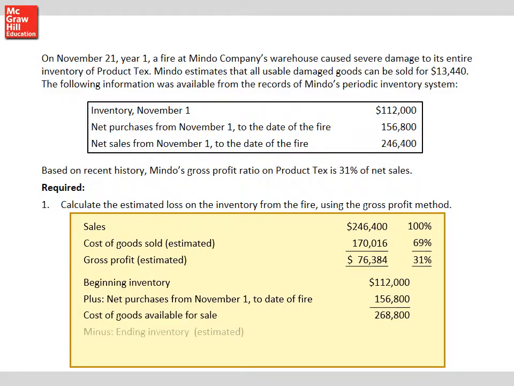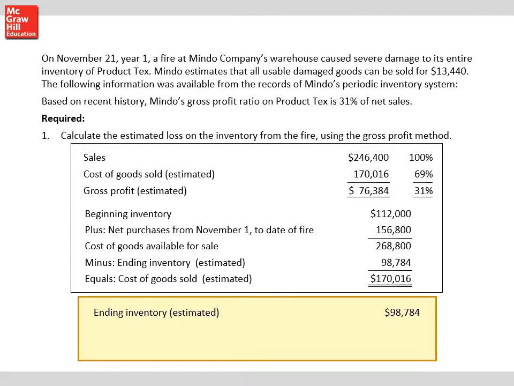According to our information above, the cost of goods sold was $170,016. So the ending inventory was estimated at $98,784. But that's how much total inventory there was.